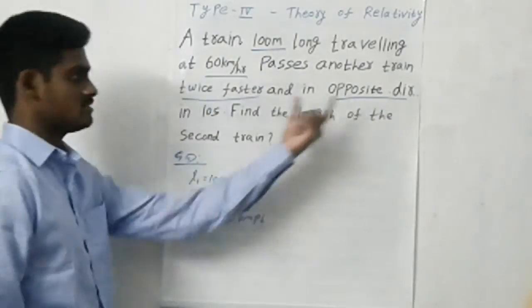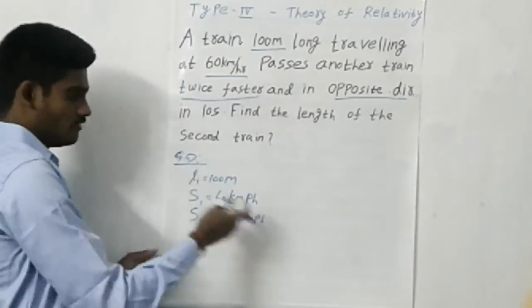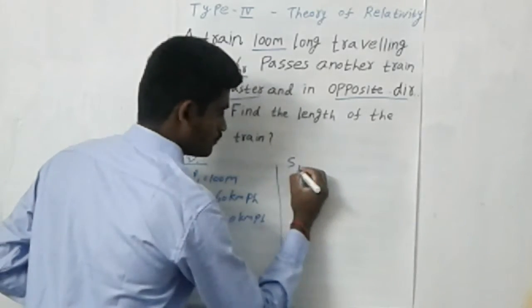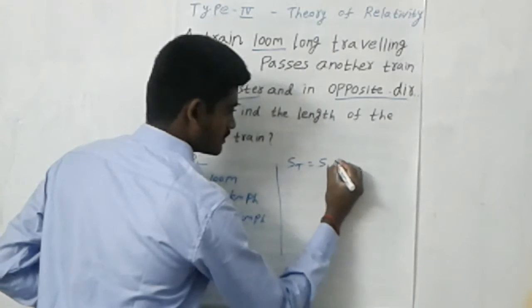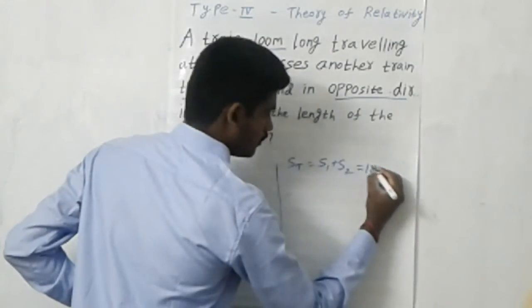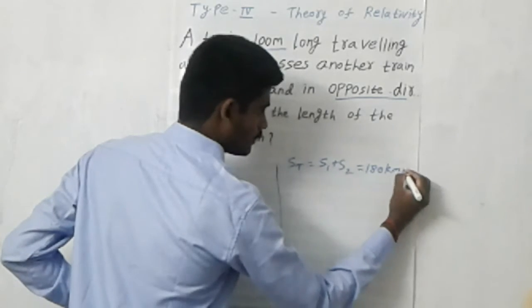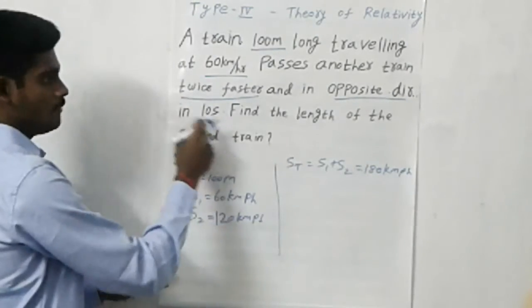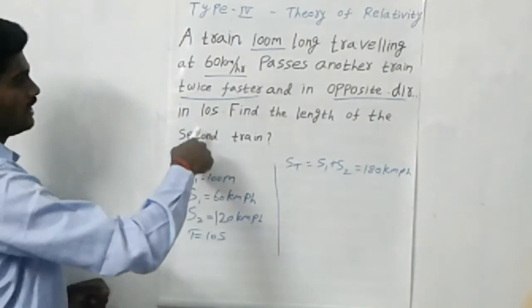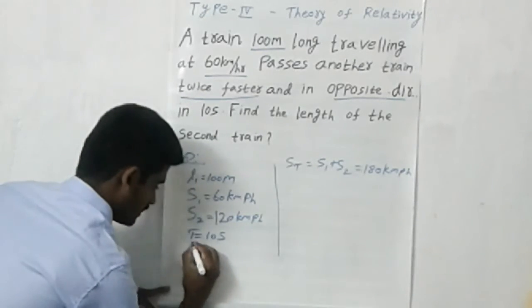Here it is given as opposite direction, therefore we will add the speeds. Therefore total speed will be speed of the first train plus speed of the second train, which is 60 plus 120, 180 km per hour. Here the time is given as 10 seconds. Therefore what we need to find? We need to find the length of the second train.